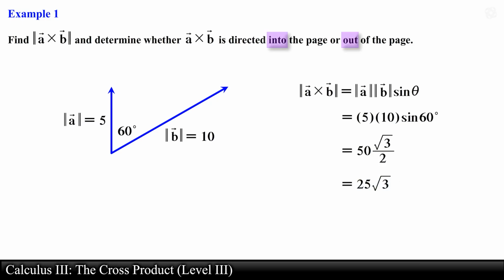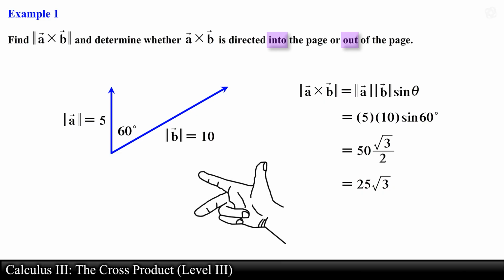Now, to determine the direction of the cross product, we can go ahead and use the right-hand rule. Recall that this vector is going to be perpendicular to vector A and vector B, as well as a common plane containing these two vectors.